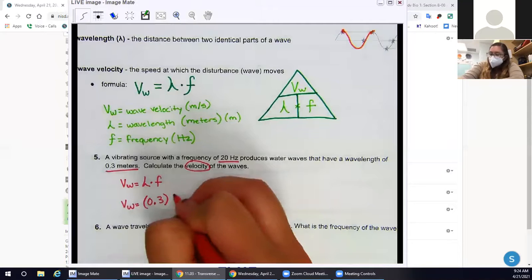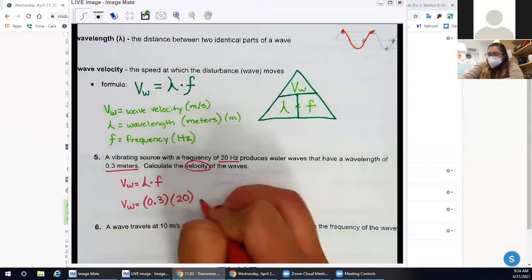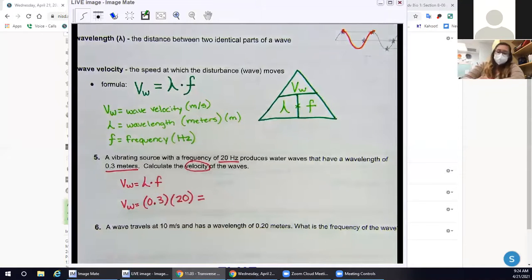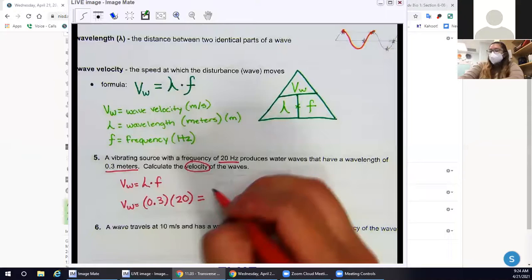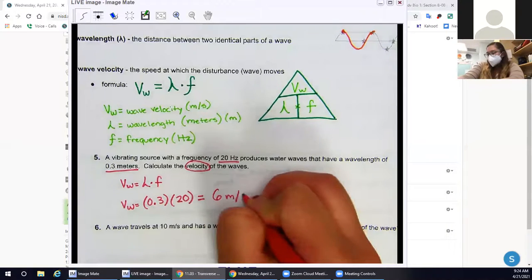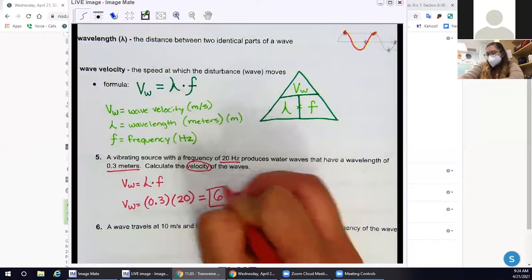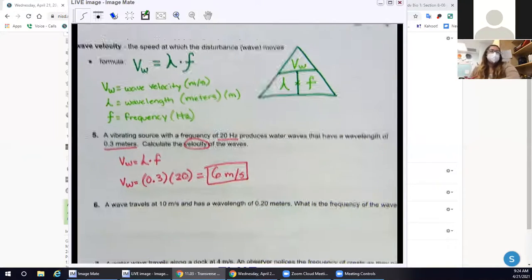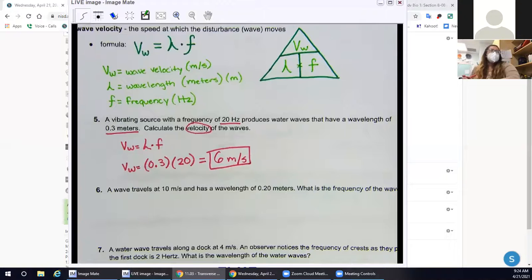Frequency was 20 hertz. That should give you 6, and your units are going to be meters per second. Any questions?